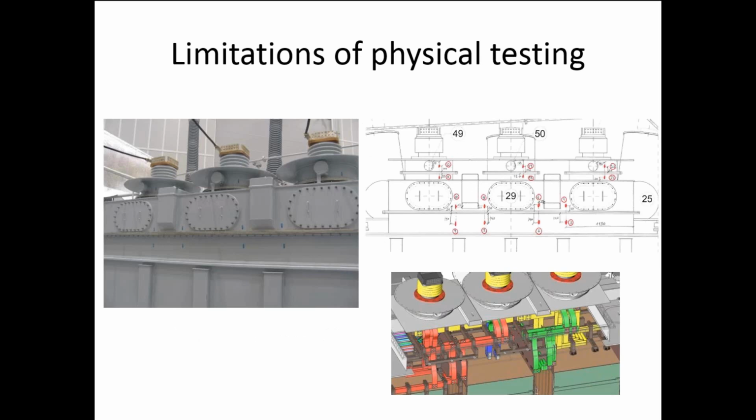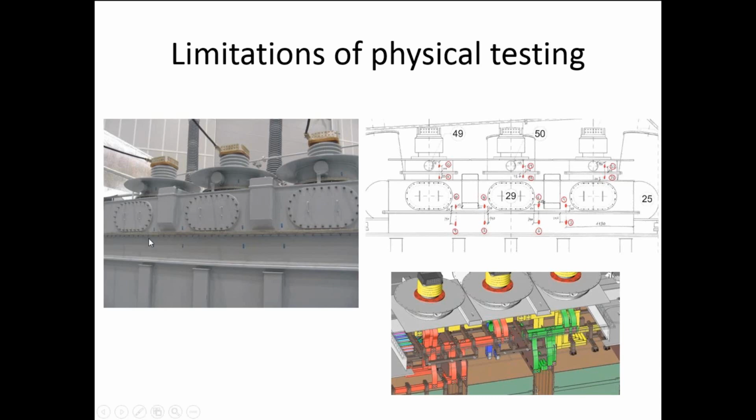Now, limitations of physical testing. Obviously, the larger the transformers that you design and the more complicated it becomes, the physical testing becomes really prohibitive and also quite limited as far as its usefulness. In this picture, maybe it's not very clear, but you can see these blue thermal sensors.